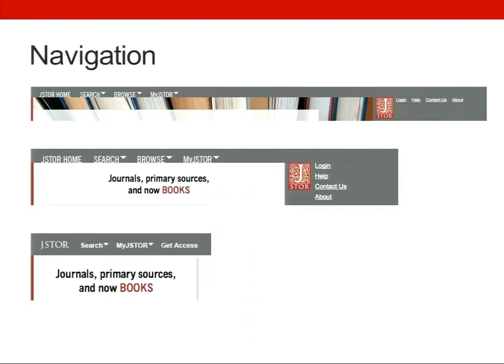For our navigation, we have our main navigation on the left, and we have some support navigation on the right. When you get to a smaller resolution, it's really small to hit those login links and the contact and the help, so we made those bigger. We also stacked them vertically to fit better in the frame. When we got down to a phone, we actually had to make some more serious decisions.